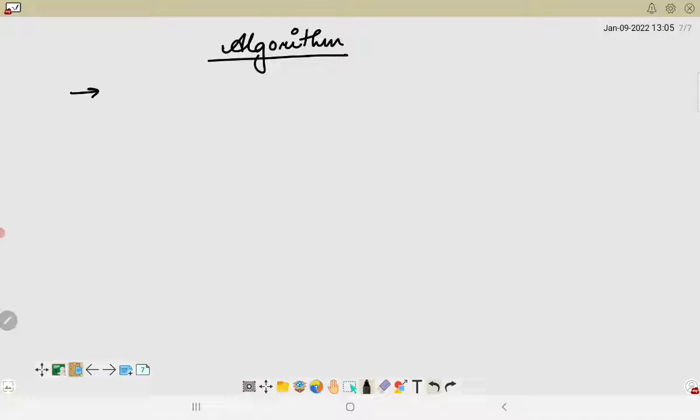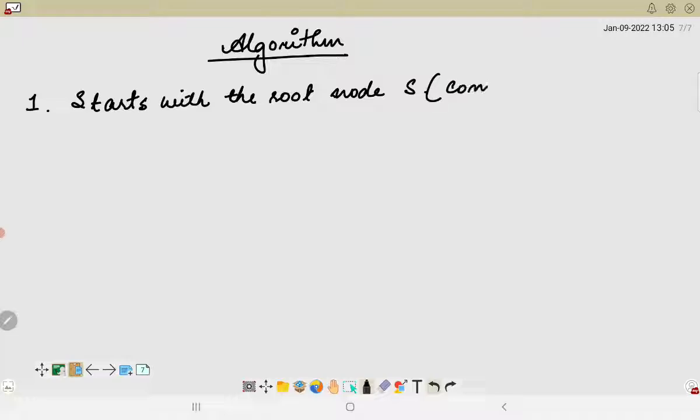Let us write it down in a stepwise manner. In the first step, as already mentioned, it starts with the root node S, which contains the complete data set. So the entire data set would be provided to the root node.